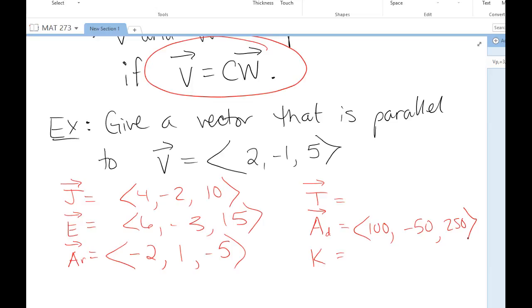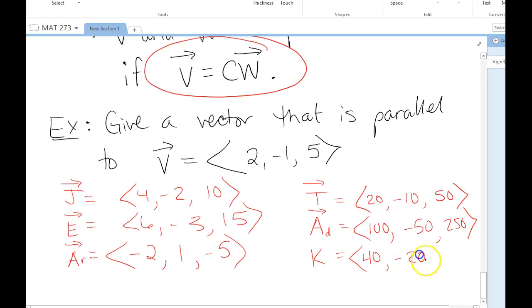Infinity, -1 infinity. 20, -10, 50. So you see what they're doing, Kirby? Yeah. Okay. 40, -40. Nope. What'd you multiply to go from 2 to 40? Wouldn't be negative. So -20 and 100.